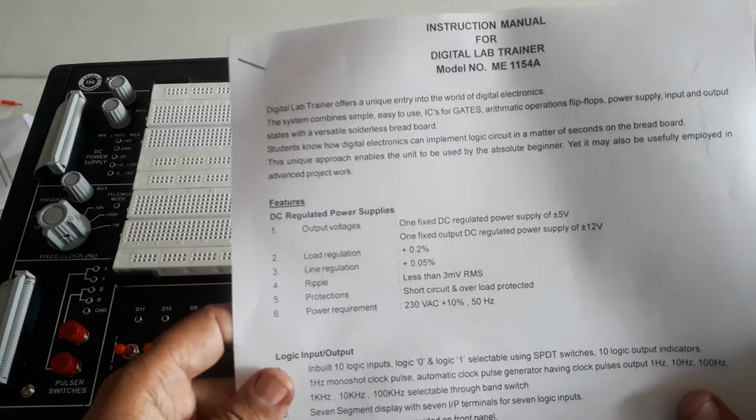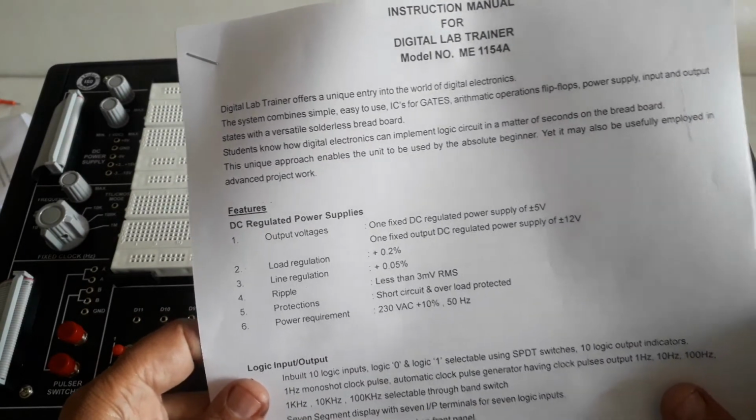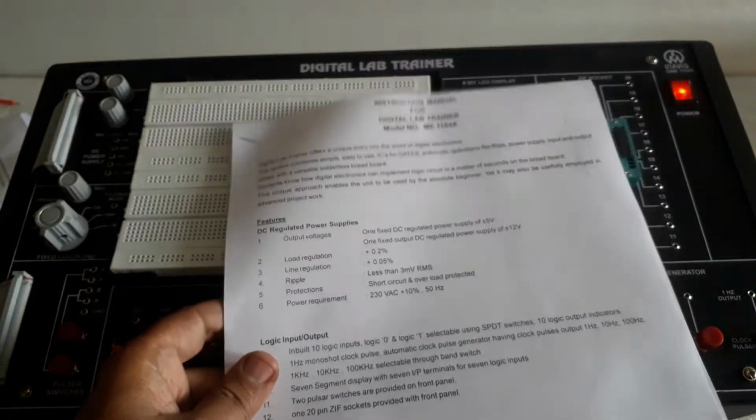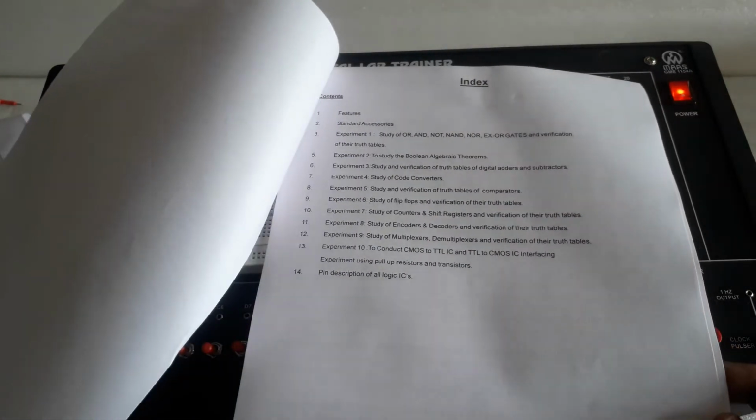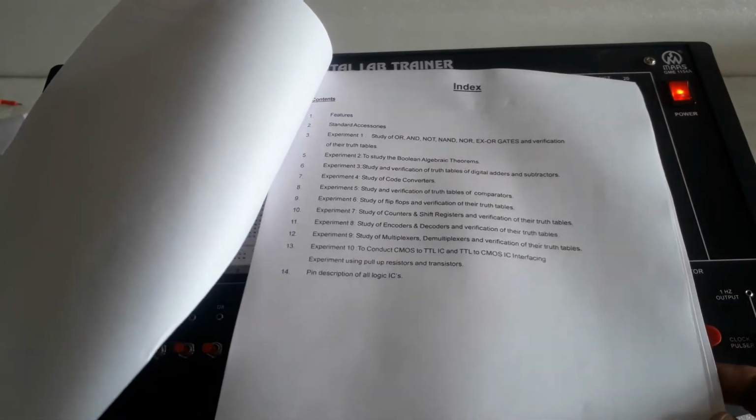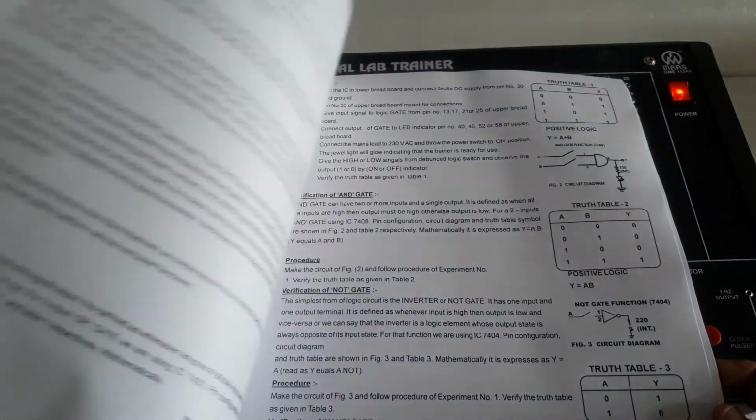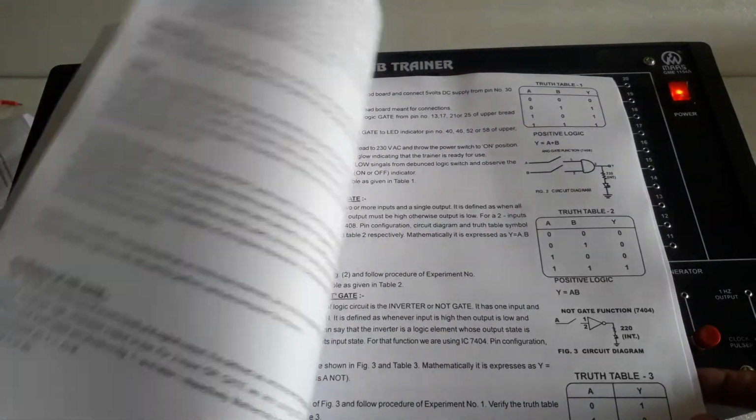This is the manual of the digital lab trainer, and follow the experiments on the kits. And here is the circuit diagram of the kits.